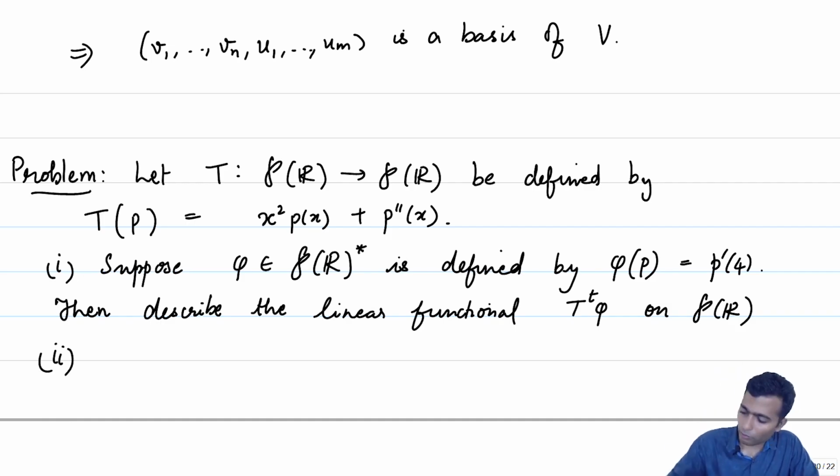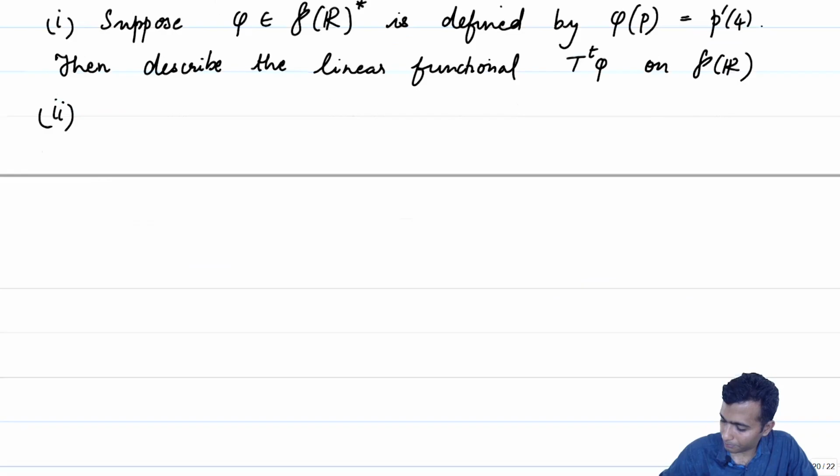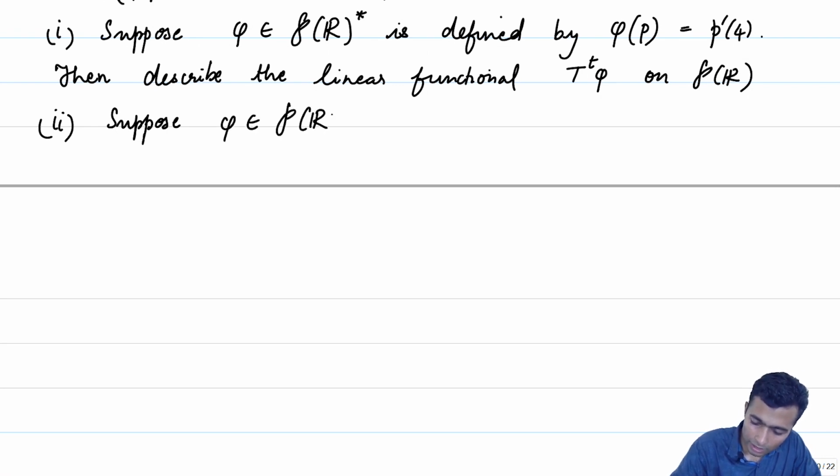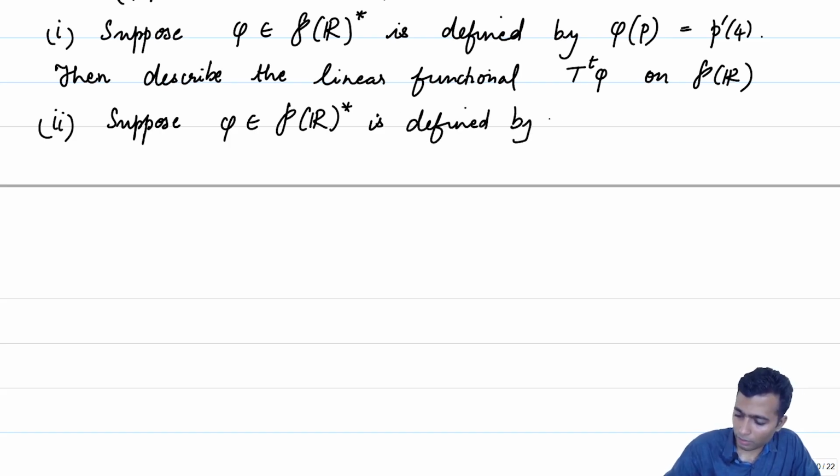And what about the second problem? Suppose phi in P of R star is defined by phi of P being the integral from 0 to 1 of P of x dx.